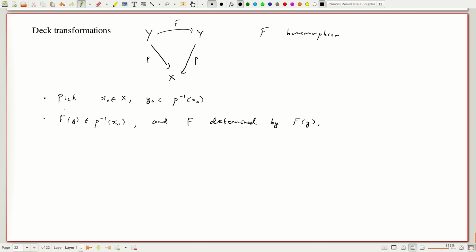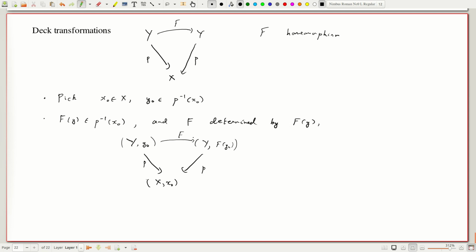That is because if I look at f of y0, then I have y0, this maps to x0. So this is a pair, and this is y and f of y0, whatever f of y0 is. We have this commutative diagram, and this is a based cover.